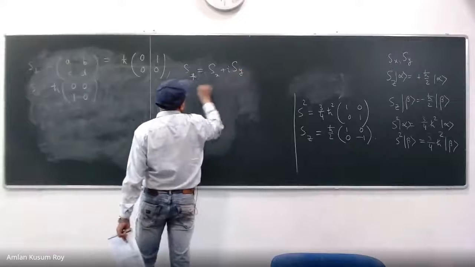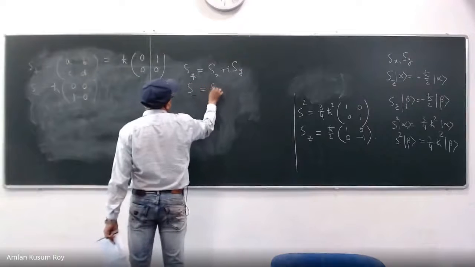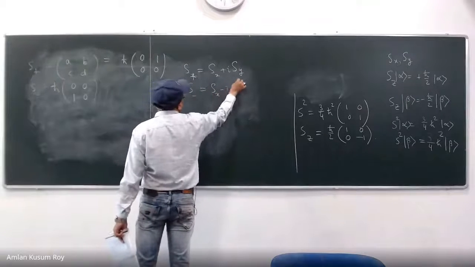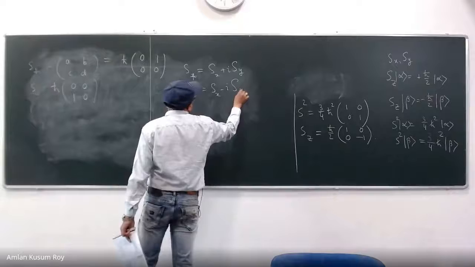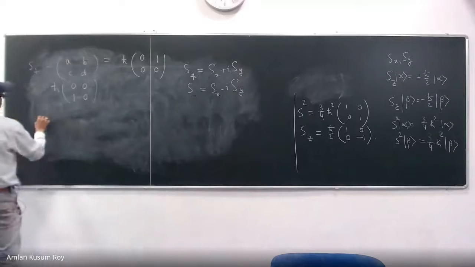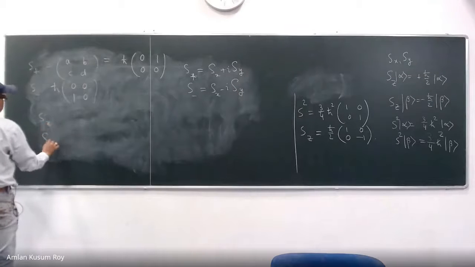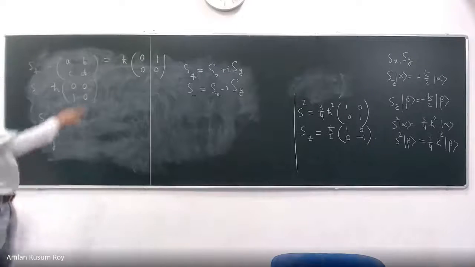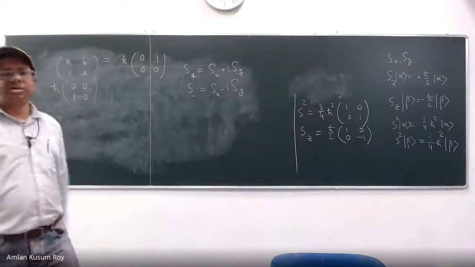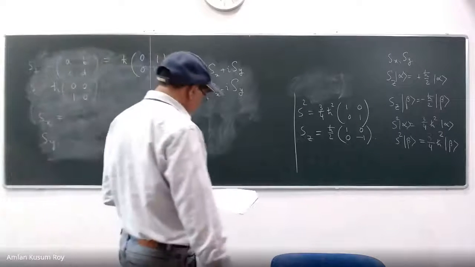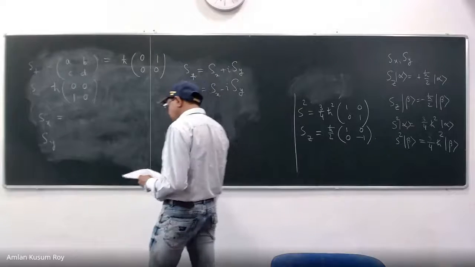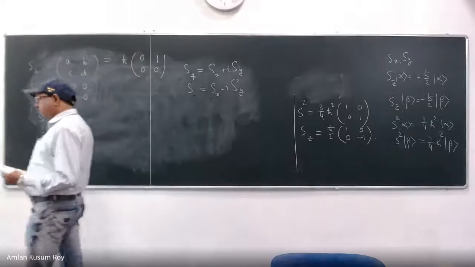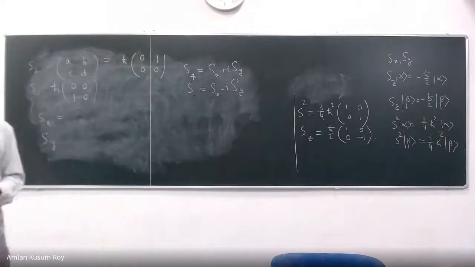That was the premise of your ladder operator. Now that we have written these, you tell me what is Sx and what is Sy. Just take these matrices and tell me by this expression. I want you to do this and then we'll do the remaining portion.